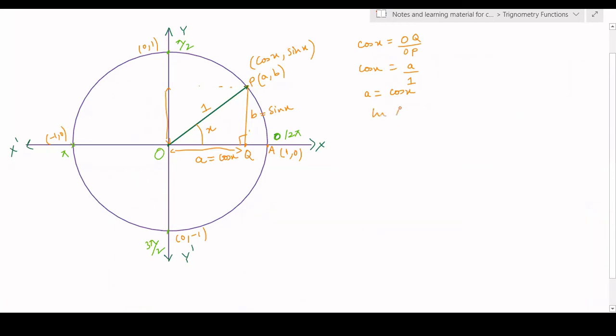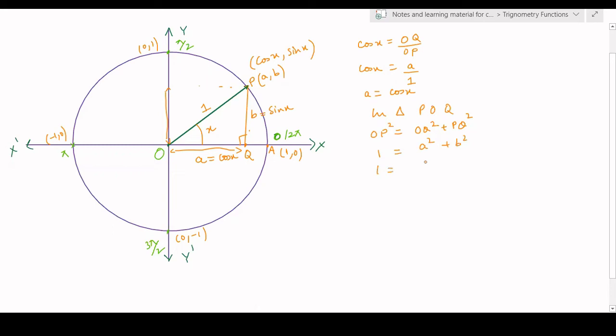Looking back in the triangle POQ, which is right angled at Q, applying Pythagoras theorem, I get OP squared equals OQ squared plus PQ squared. Here my OP is 1 squared, which is 1. One becomes A squared plus B squared.